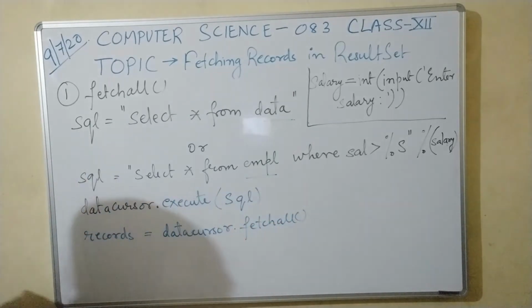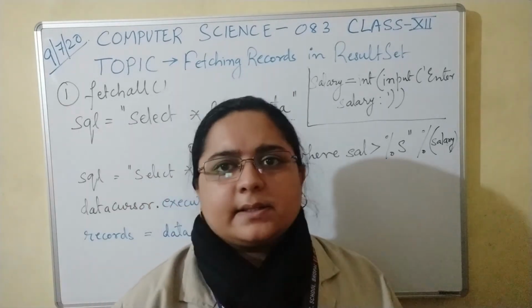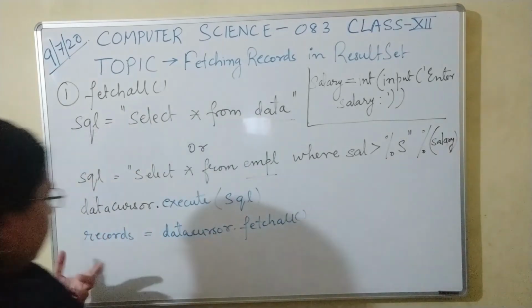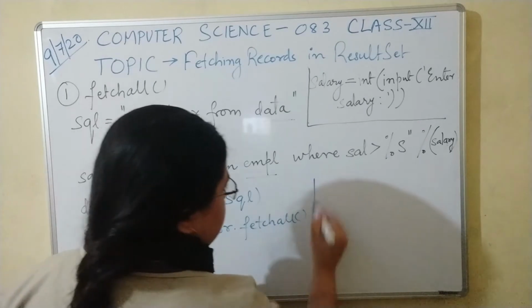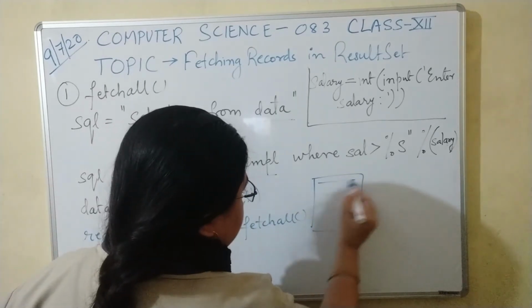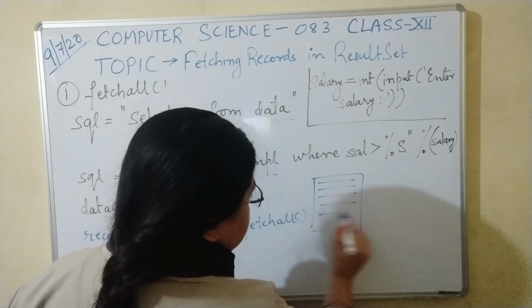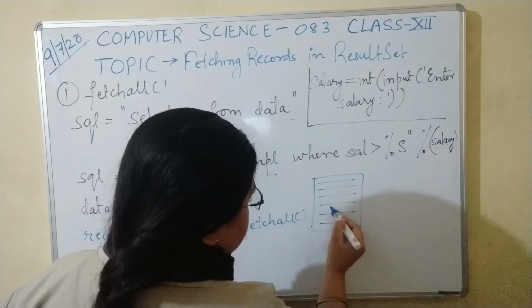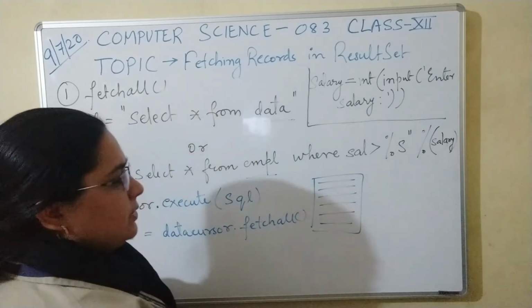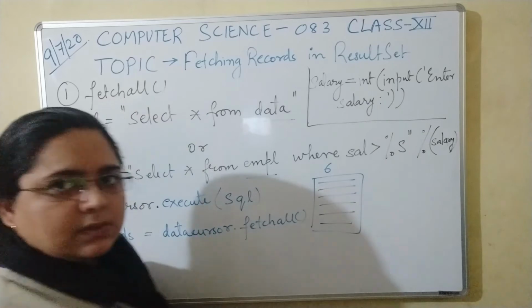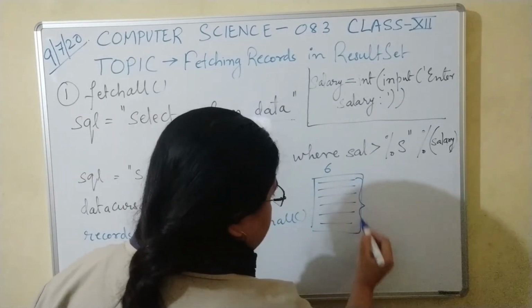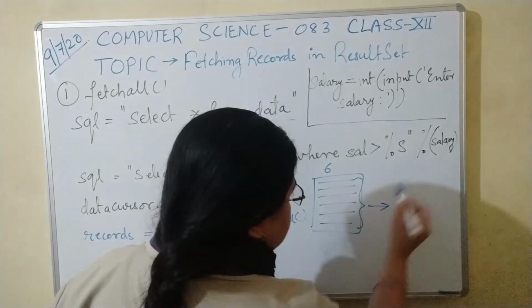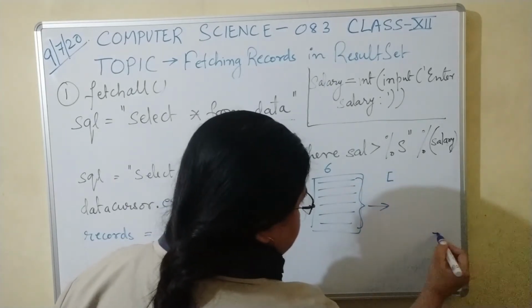What fetchall does is, it takes all the records which are there in the cursor. Suppose this is my cursor and it contains 1, 2, 3, 4, 5, 6, that is a total of 6 records. It will extract all these records and bring them in a list.